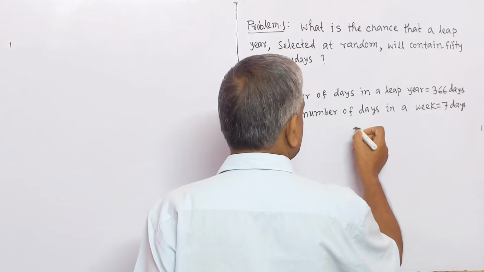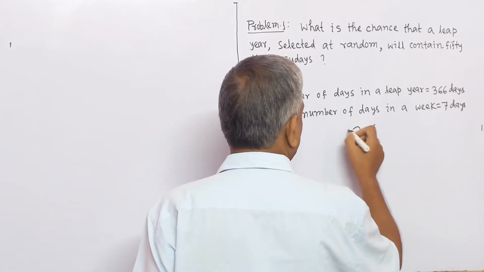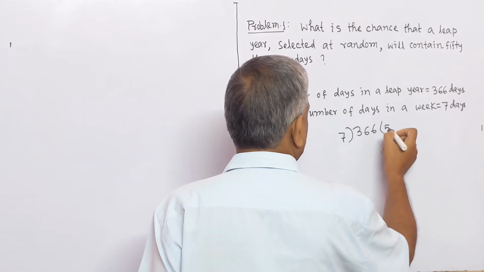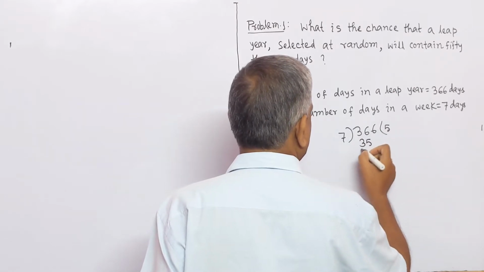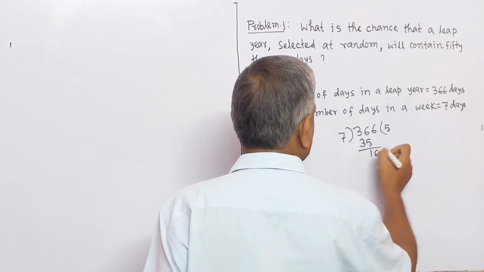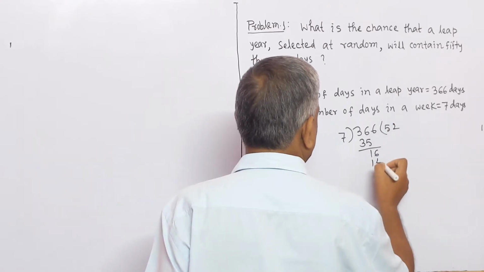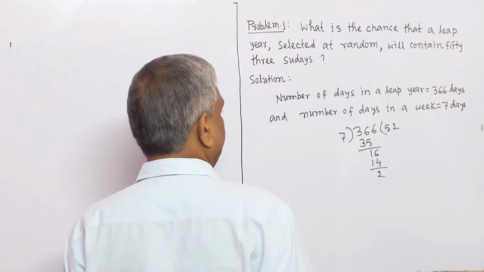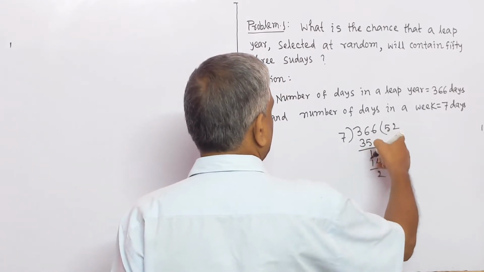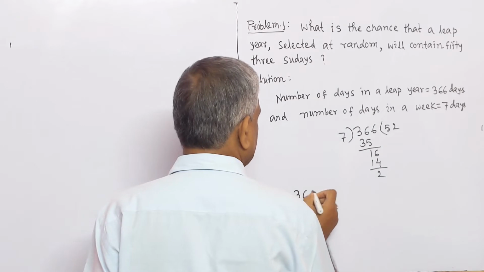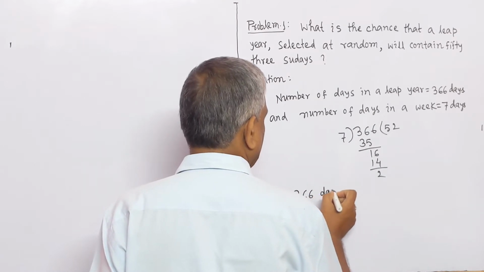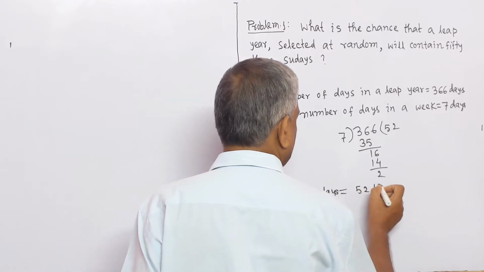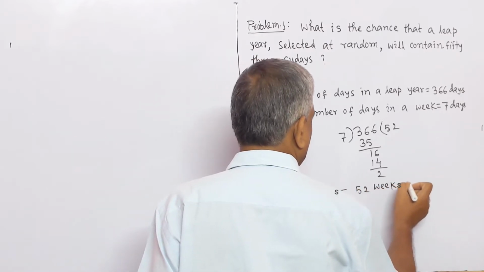Now we divide 366 by 7. 7 5s are 35. 1 6, 7 2s are 14. 2 remainder. Therefore, 366 days equal to 52 weeks, 2 days.